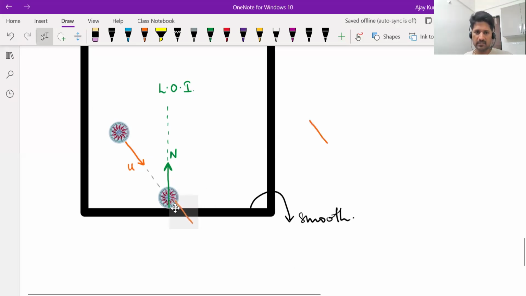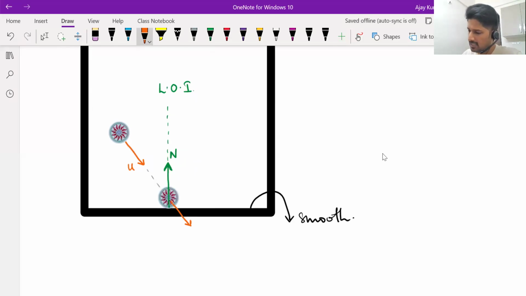See, this is the actual direction of the initial velocity. I'm taking it as it is. We'll have to split it into components now. One component along the line of impact, I'll call this V parallel. Parallel to what? Parallel to the line of impact.